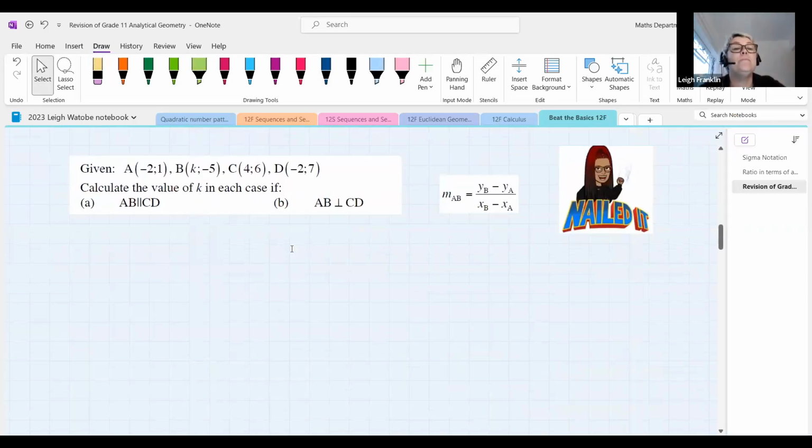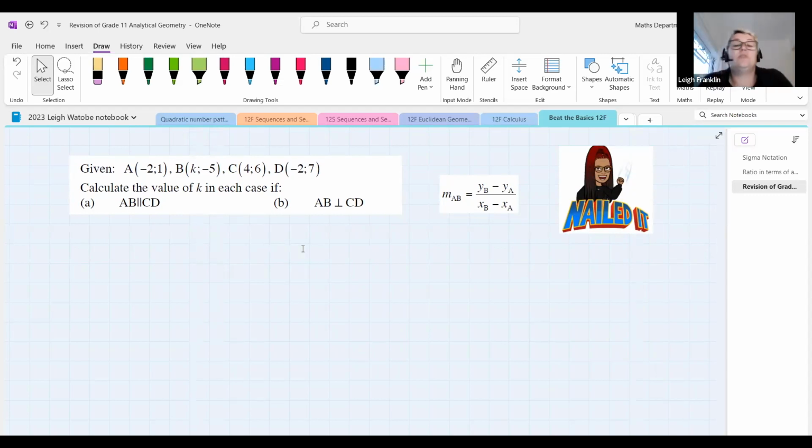Let's move on. Okay, now, given A, B, C, and D, we need to calculate the value of k in each case, right? First case is if AB is parallel to CD. Second case is if AB is perpendicular to CD, all right?